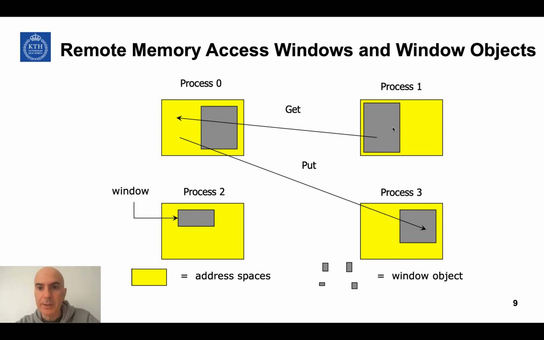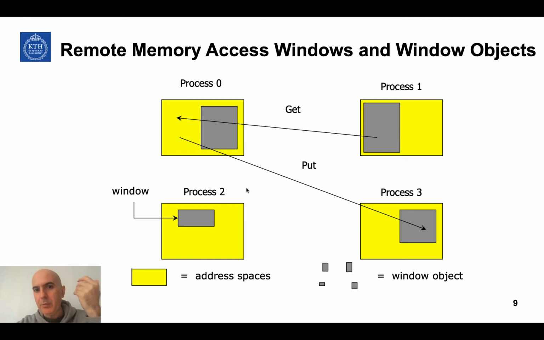The gray part here is the part of the memory that is being made accessible to all the other processes. The yellow part is the memory space within one process, and then we can decide to expose a limited part of that memory space to all the other processes. So this is one window.